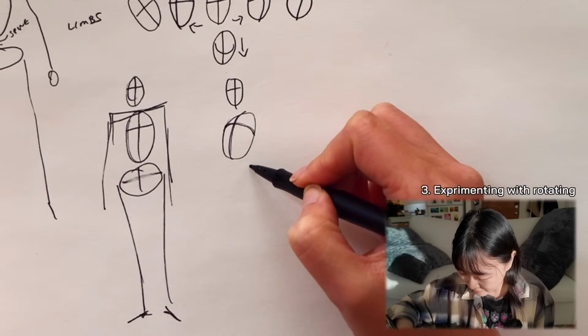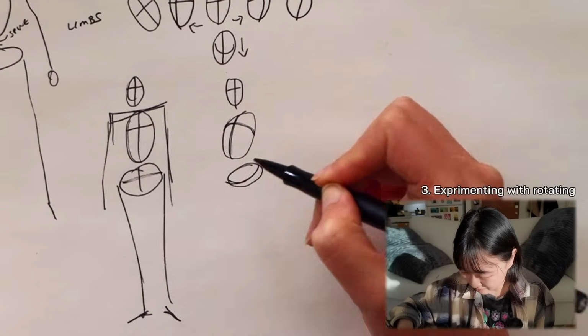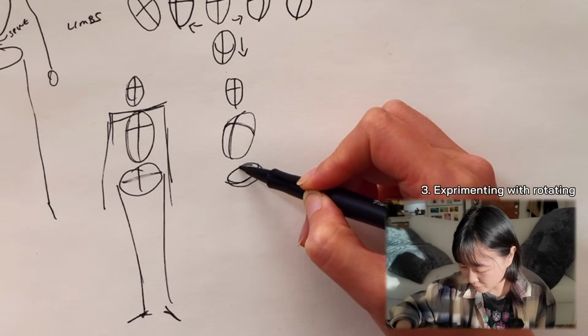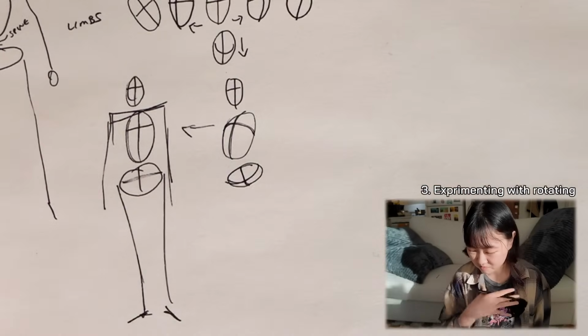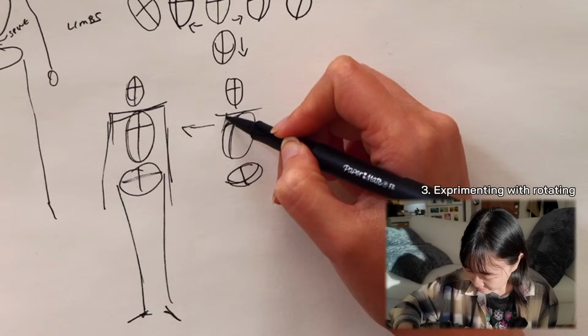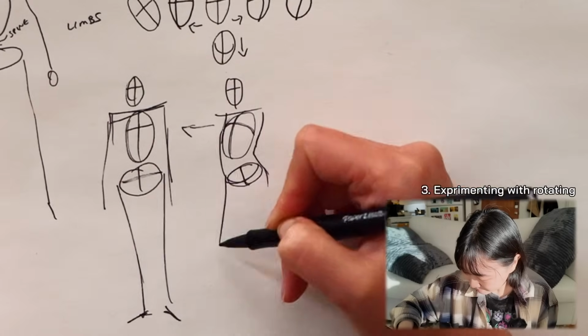And then the pelvis is usually tilted backwards like this. But what if it's facing more towards us rather than to the side, like the torso is? Well, this will make a much more interesting pose, especially if you know how to draw forms on top of this.